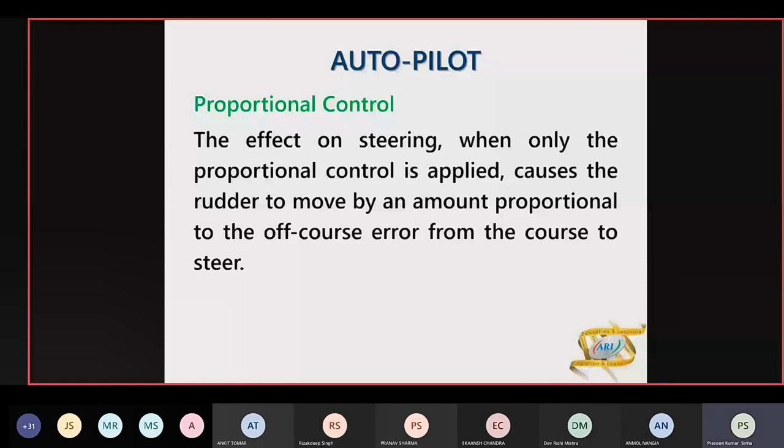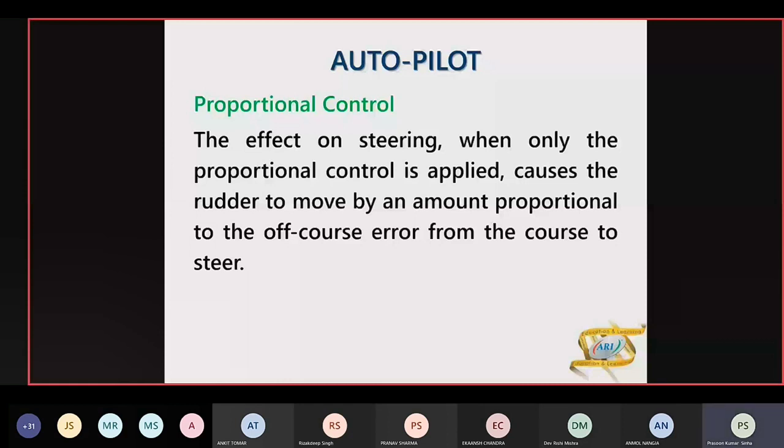But what do you think? If only proportional control was there, suppose the difference was 40 degrees. We had to alter by 40 degrees to starboard, and I give 20 degrees of rudder starboard.